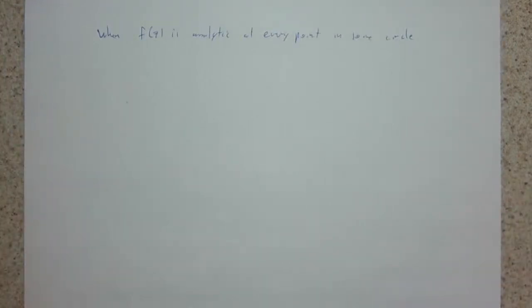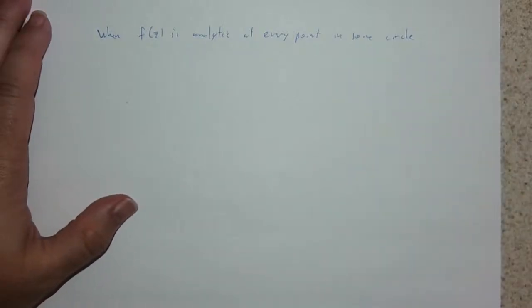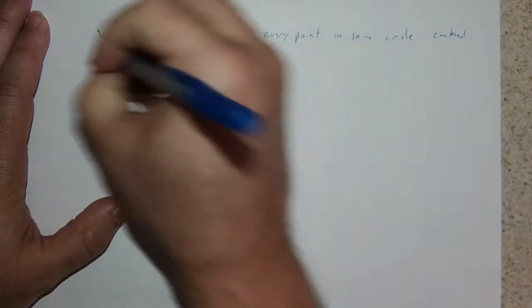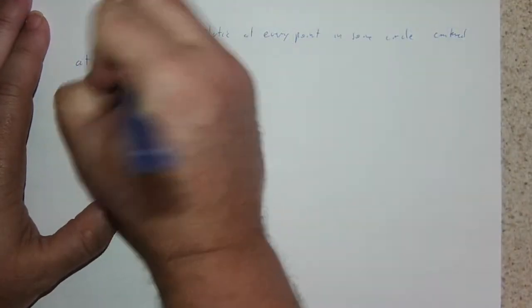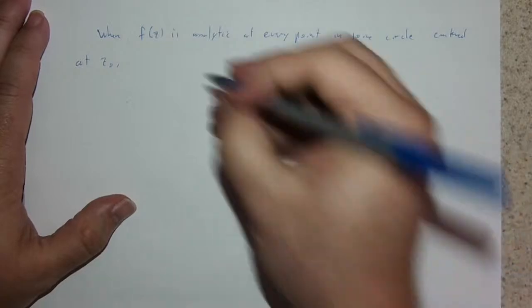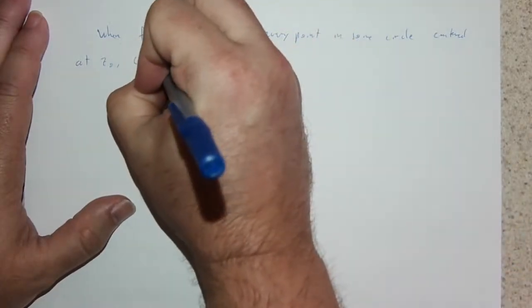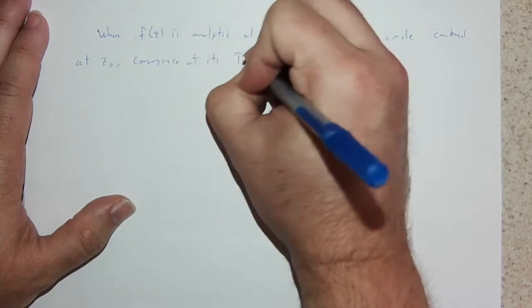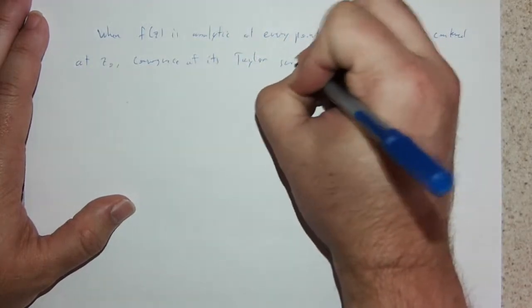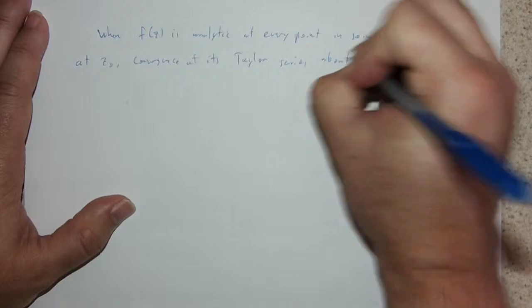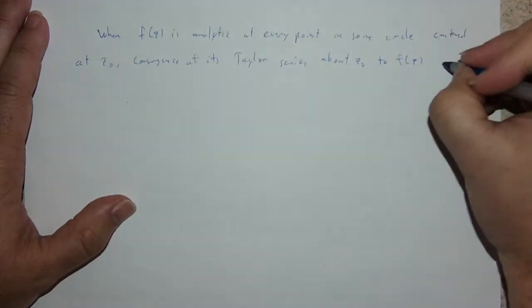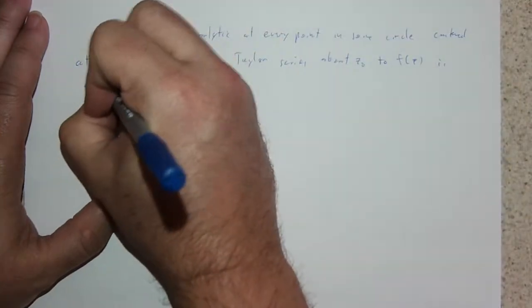So when f of z is analytic at every point in some circle centered at z naught, convergence of its Taylor series about z naught to f of z is guaranteed.